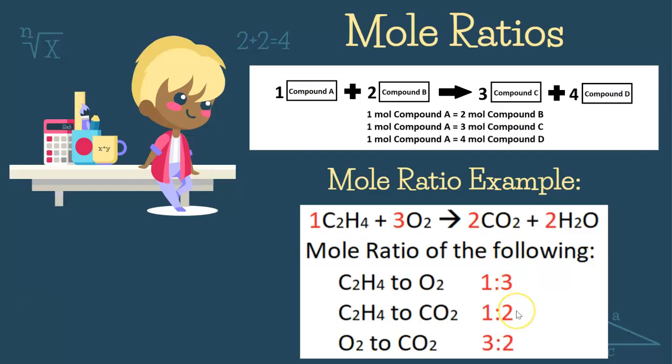So that mole ratio would be 1 to 2. If we're comparing O2s to CO2, for every 3 O2s, there are 2 CO2s. So it's a 3 to 2 mole ratio. So mole ratios are all about those coefficients and the relationships with each other in a balanced equation.